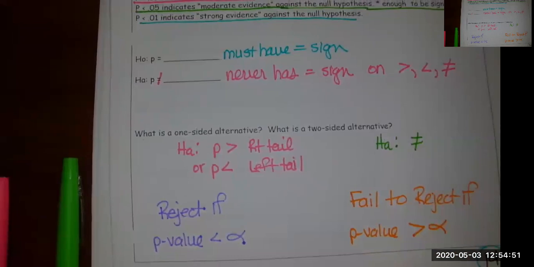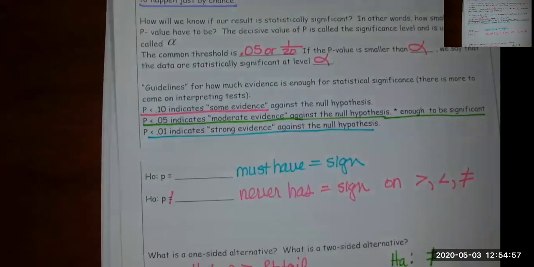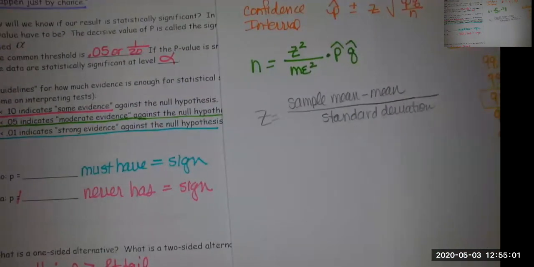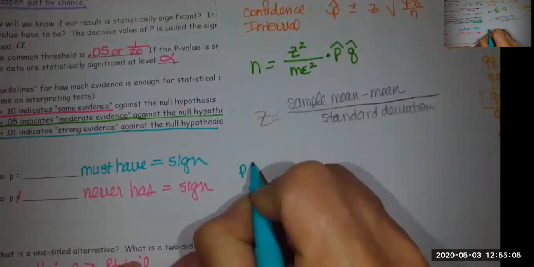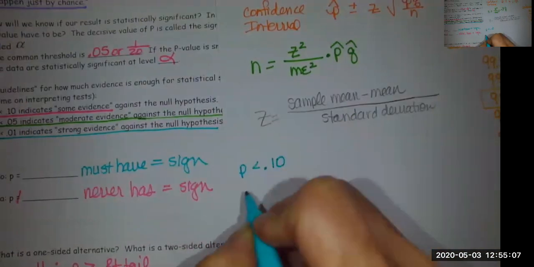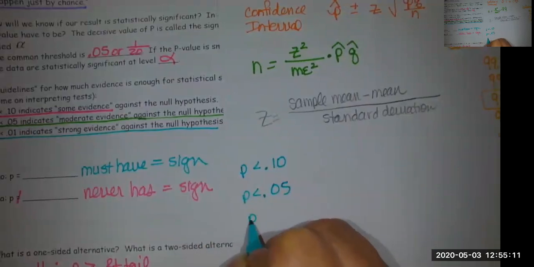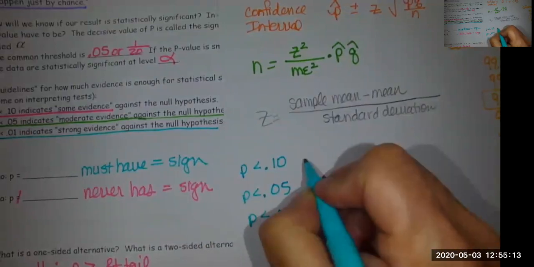We're going to reject if our p-value is less than alpha, and our p-values are right here. This would be a good time, take a second so you have everything in one spot, and let's say p is less than 0.10, p is less than 0.05, p is less than 0.01.